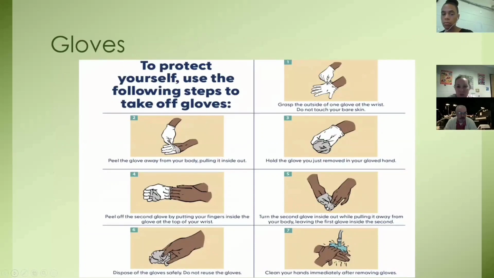Hold the glove you just removed in your gloved hand. Pull off the second glove by putting your fingers inside the glove at the top of your wrist. Turn the glove inside out while pulling it away from your body, leaving the first glove inside the second. Dispose of the gloves safely, do not reuse them, and wash your hands for 20 seconds after removing gloves.